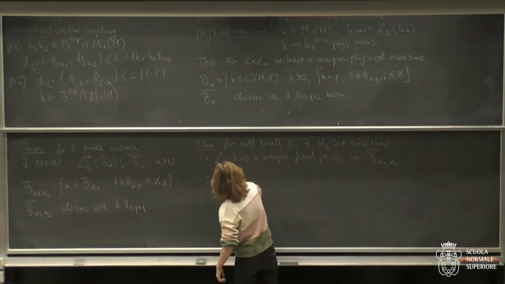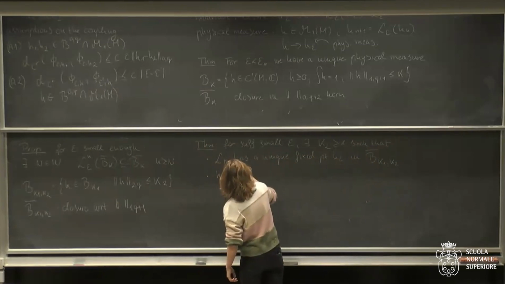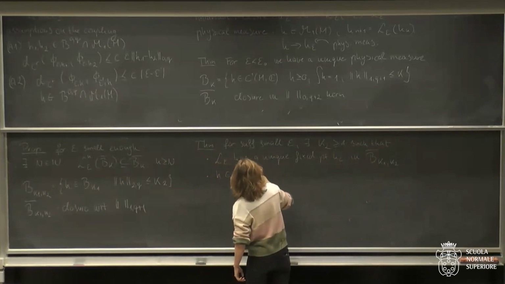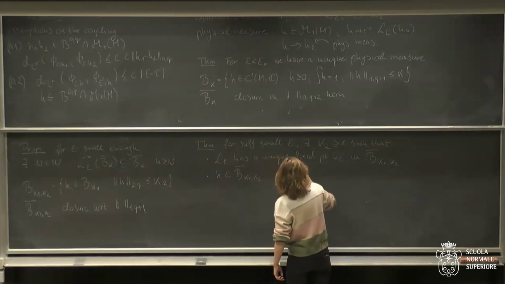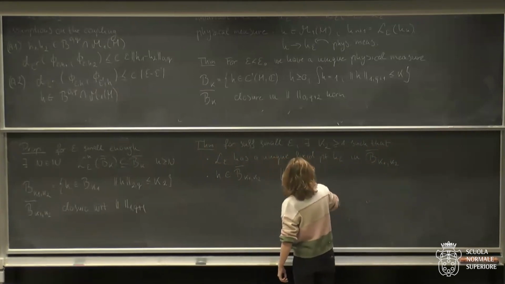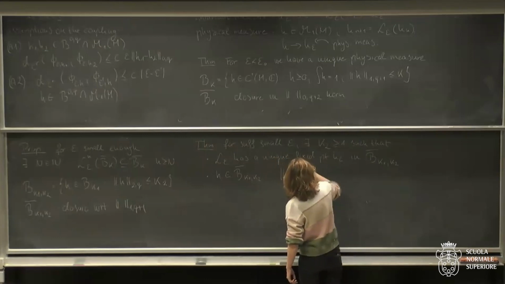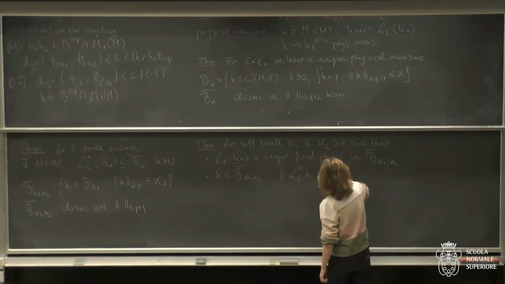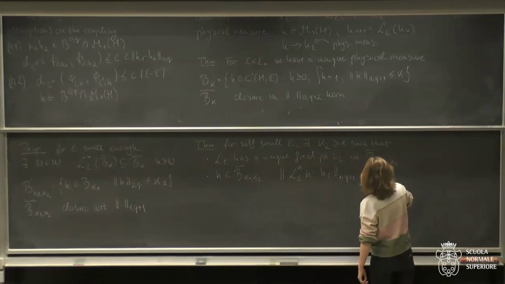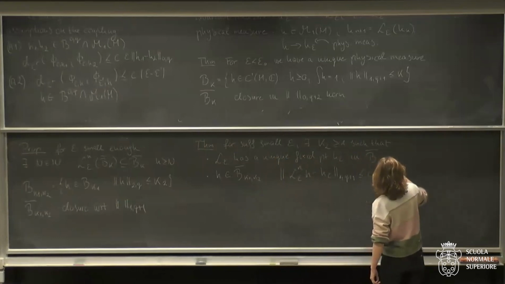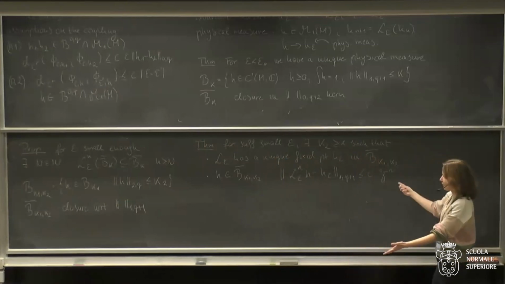And for each H starting from this set, we are going to converge to this element H epsilon in the 1Q plus norm, exponentially fast.